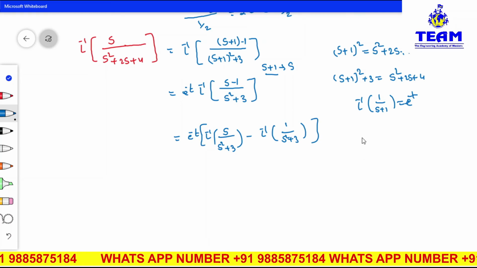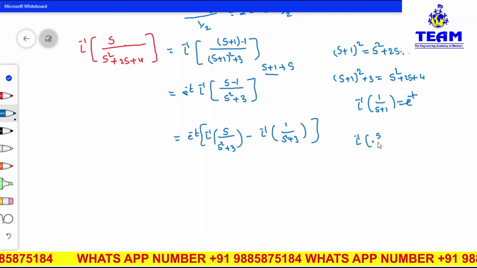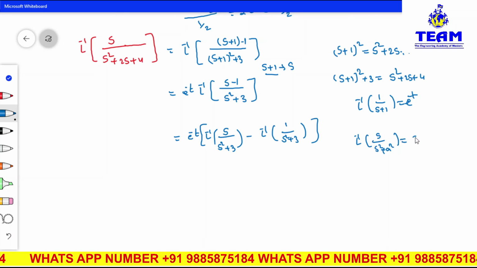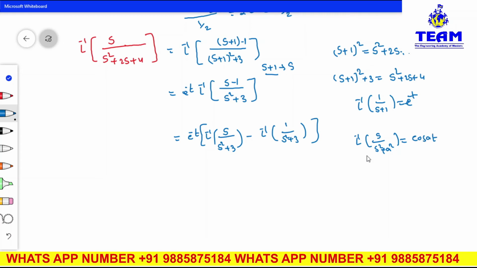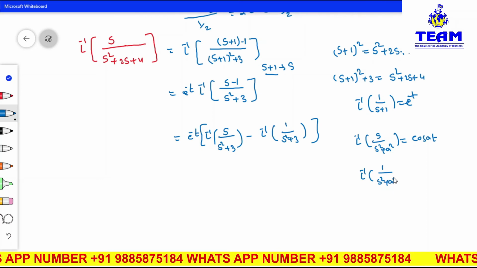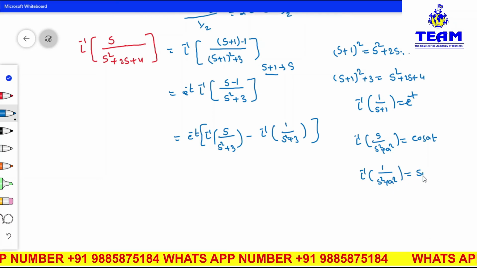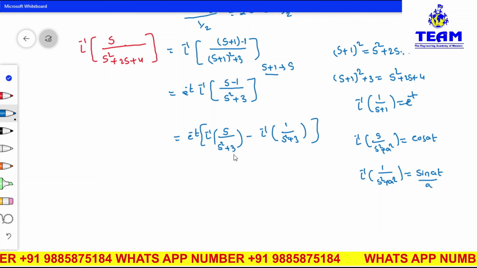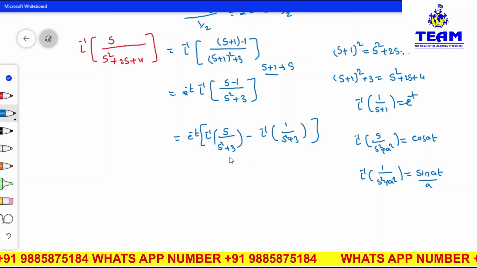Now you know that L inverse of s by s square plus a square is equal to cos at. Next, L inverse of 1 by s square plus a square is equal to sin at by a. So in place of a square, what do I have? 3. So what is a? Root 3.